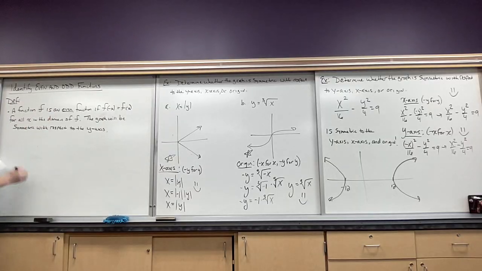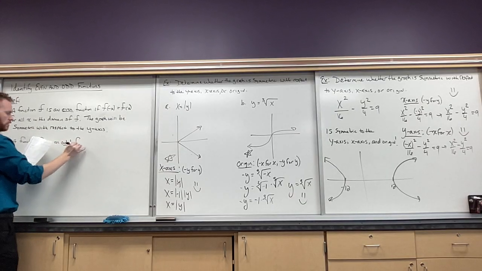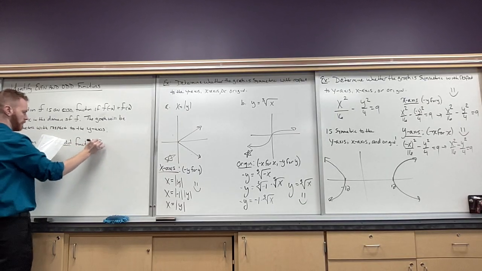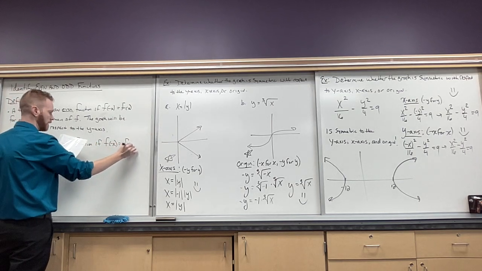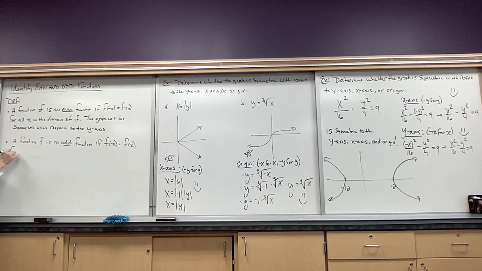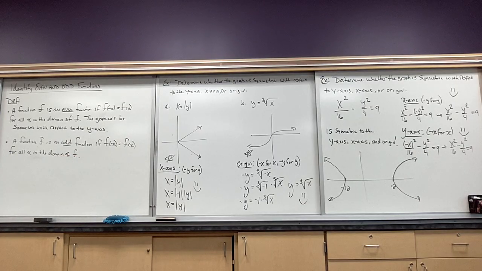Now, let's talk about odd. A function f is an odd function if f of negative x equals negative f of x for all x in the domain of f. Okay, so that's what an odd function is. Well, let's think about that.